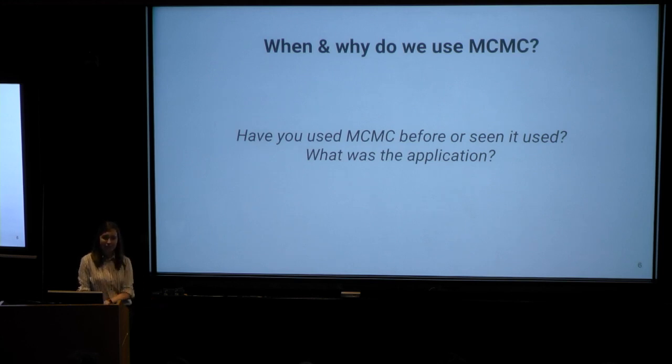Okay. So I've used it before without really understanding what it was doing, in SED fitting, where it was with somebody else's code and then it generated a corner plot and I went, oh, I have no idea what's going on.